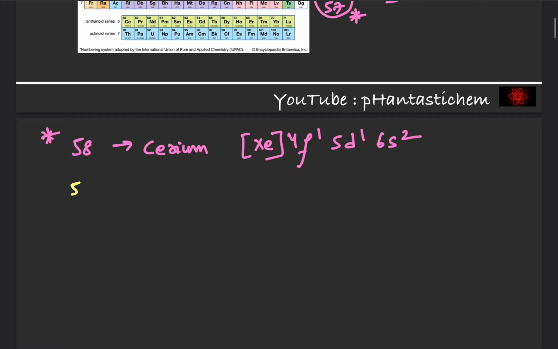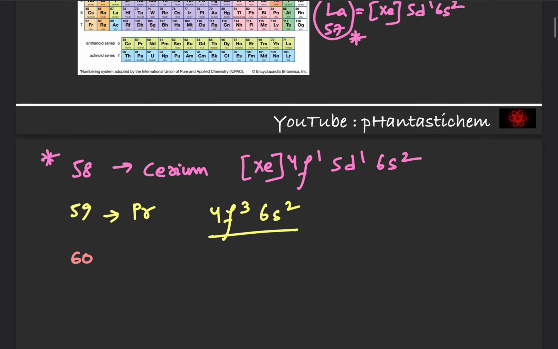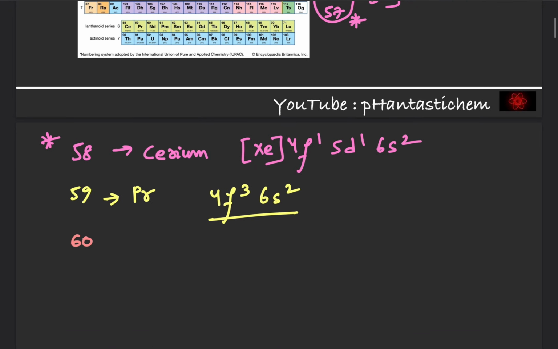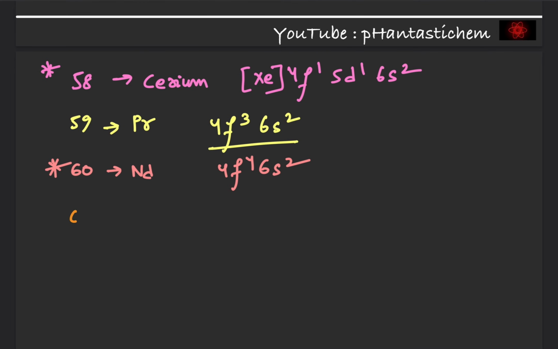Then we have 59, which is praseodymium, and its configuration will be 4f3 6s2. Okay, important. Then we have atomic number 60, which is neodymium. Its configuration is 4f4 6s2. Important. Then we have promethium, atomic number 61, configuration 4f5 6s2.